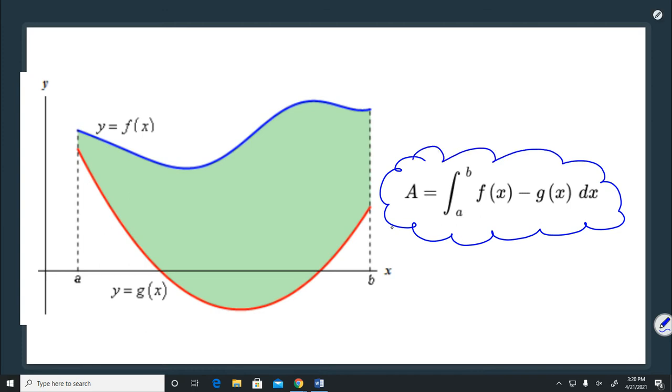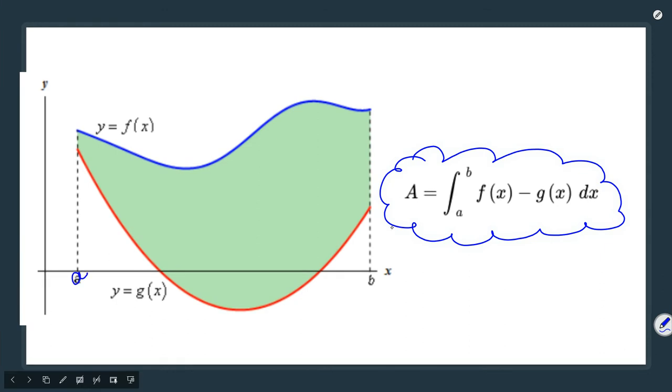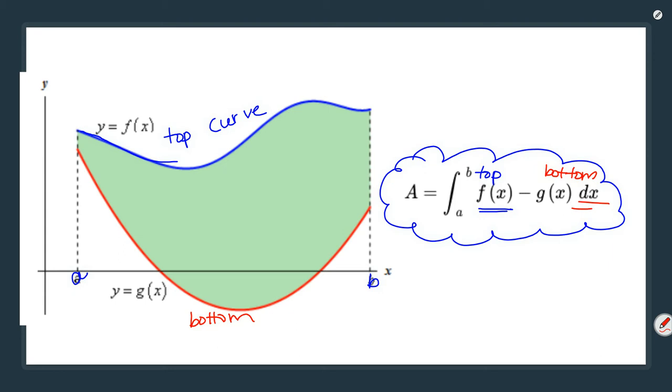Here's the left boundary, a, the right boundary, b, of f of x, and if I look at my picture, I see that f of x is the top curve, minus g of x, the bottom curve. So pretty much definite integral from top to bottom, top minus bottom with respect to x.